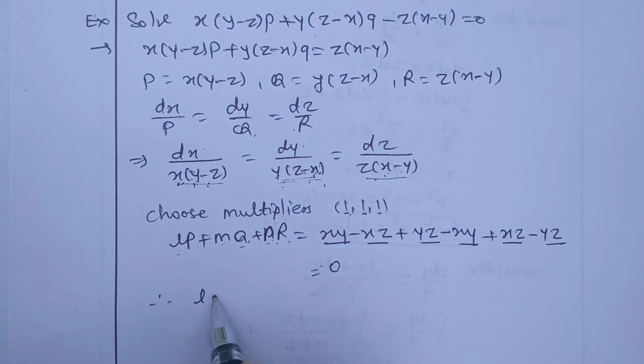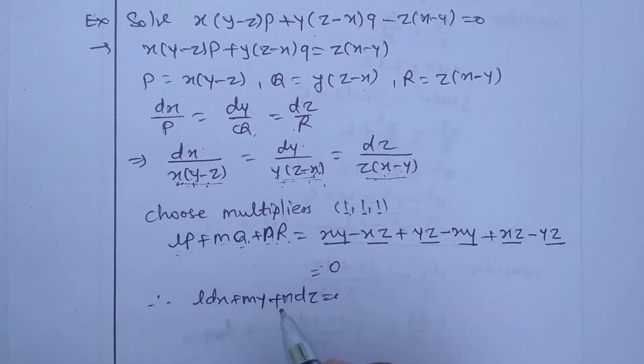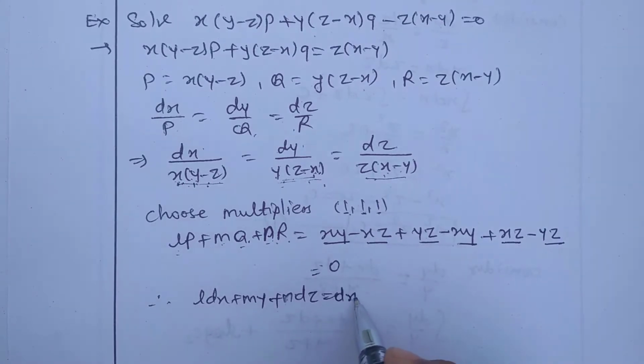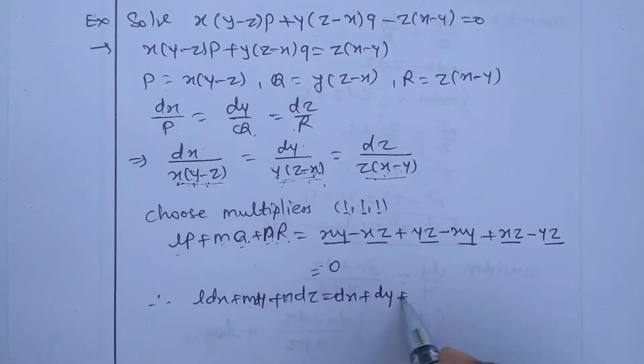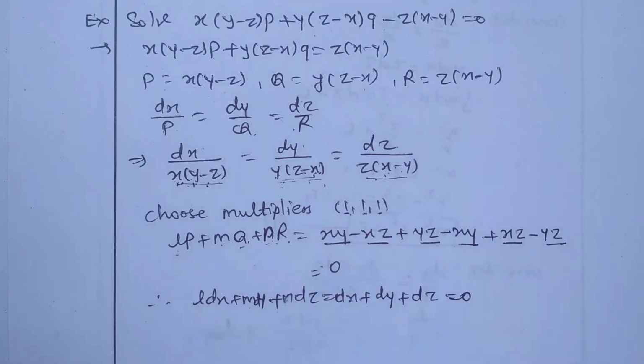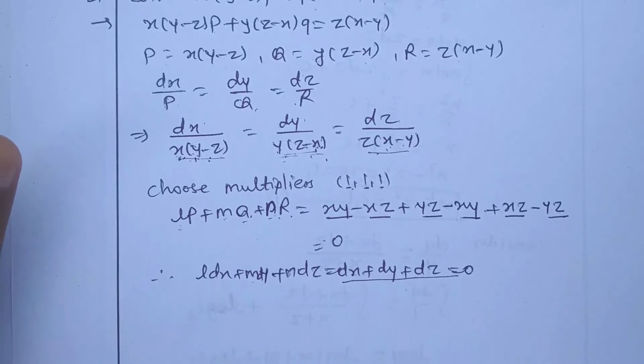Therefore we can consider L dx plus M dy plus N dz equals 0. The value of L is 1, so 1 dx, the value of M is also 1, so 1 dy, plus 1 dz equals 0. Now we have to solve this equation, dx plus dy plus dz equals 0.